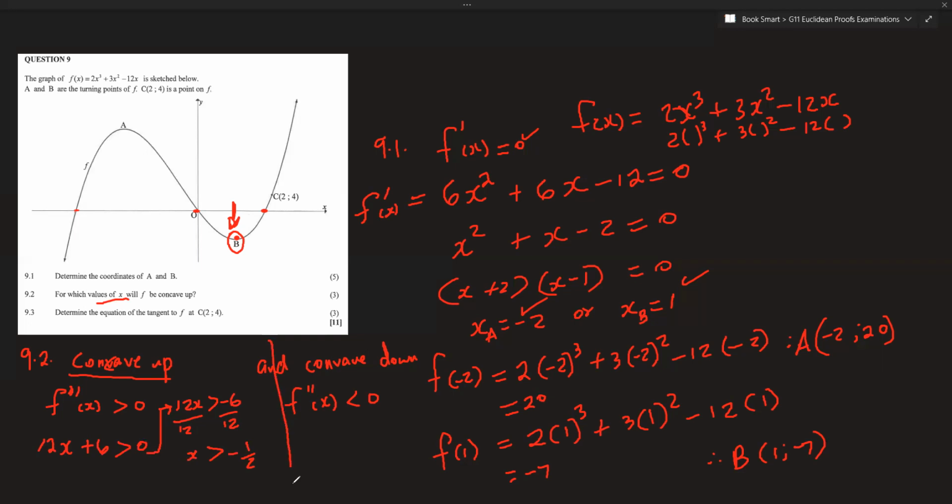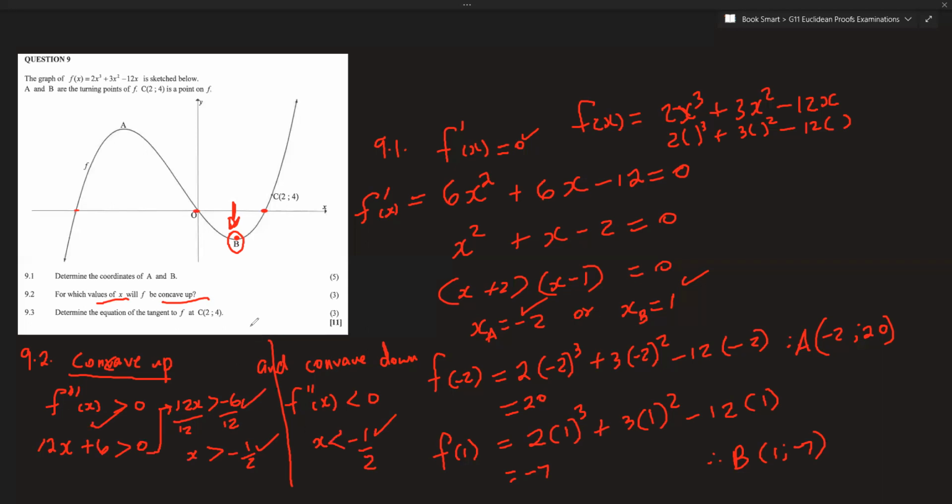Perfect. And then for concave down now, it's the same thing, but now your sign will just be facing an opposite direction. Do you get it? So this is for concave down. That is for concave up. Okay, awesome. Perfect. So, but the answer to this question, they wanted concave up. So you're going to give this one, right?